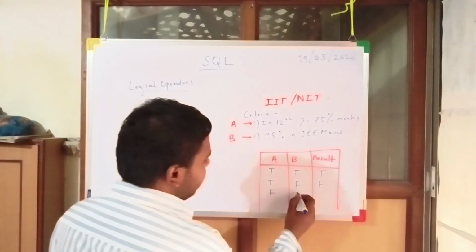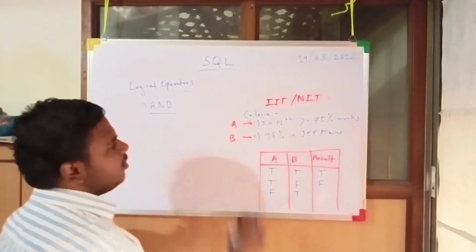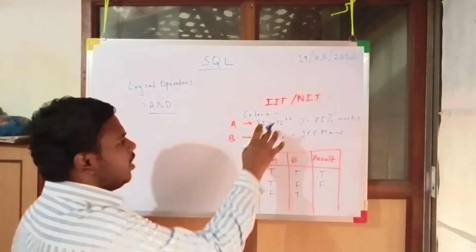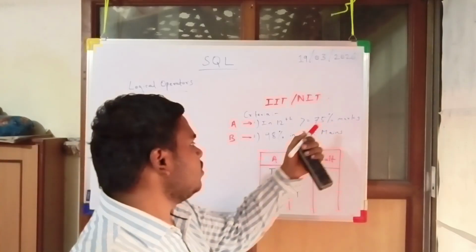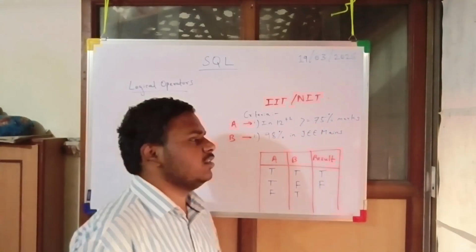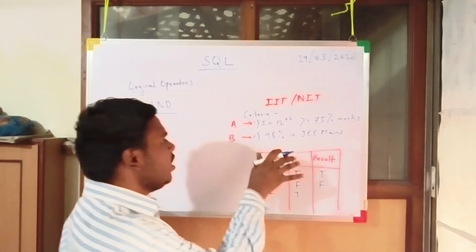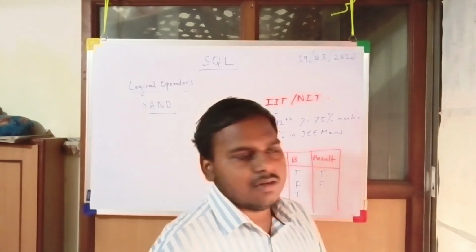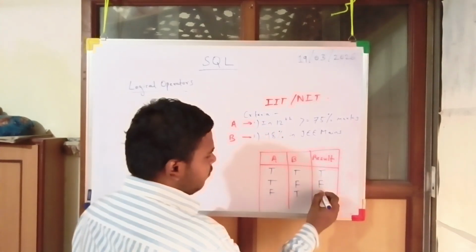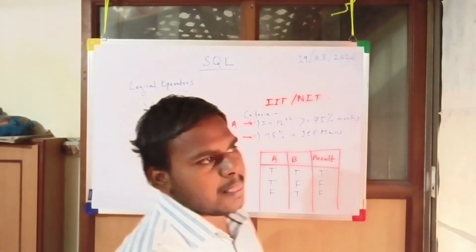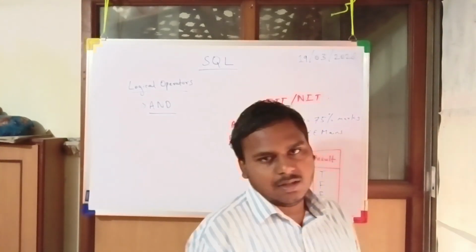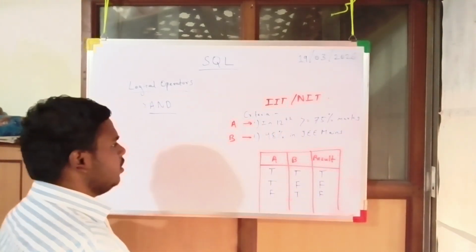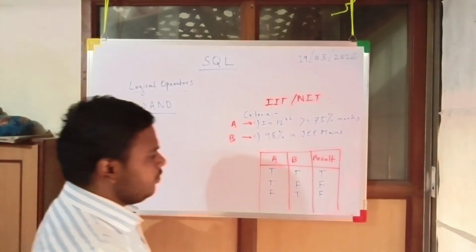So you met the second criteria. But the clear restriction of NTA is that you need to score 75% or above and 98 percentile in JEE Mains. You met the second criteria but not the first, so you still will not get admission. You have to either write the supplementary exam or leave that exam. Again, the condition failed.